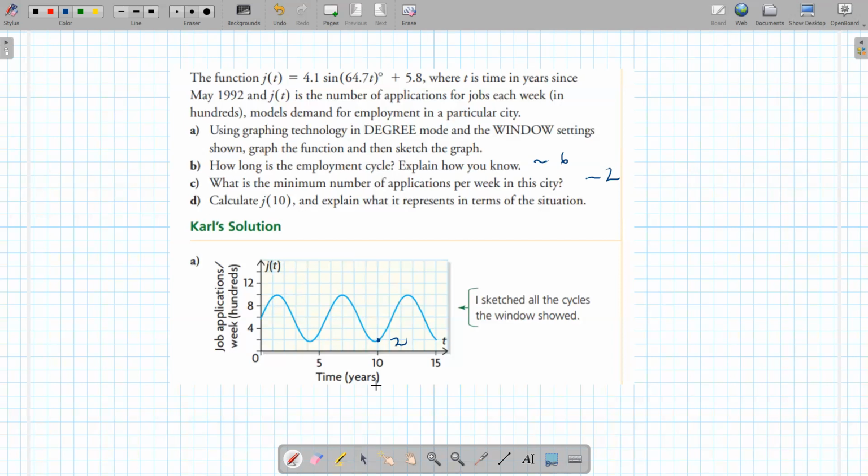So after 10 years, right? Because we're tracking job applications or whatever. After 10 years, there's going to be 200 job applications per week, and that's it. Approximately 200 job applications after 10 years, because it's in the hundreds, and our Y value is 2.